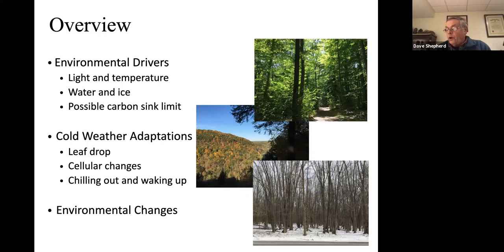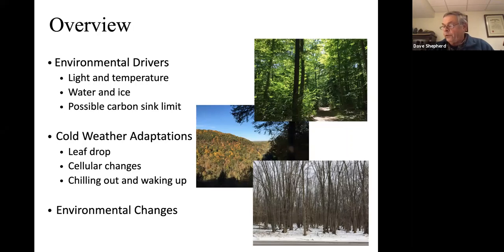And we'll talk about some of the adaptations that occur during the dormancy process, the cellular changes, the leaf drop, and the internal clock that regulates the chilling and waking up of the trees during the winter. Now, note that all of these adaptations work in tandem, but they're also essentially stress responses. So it's all about keeping alive during a cold, dark, and dry period.